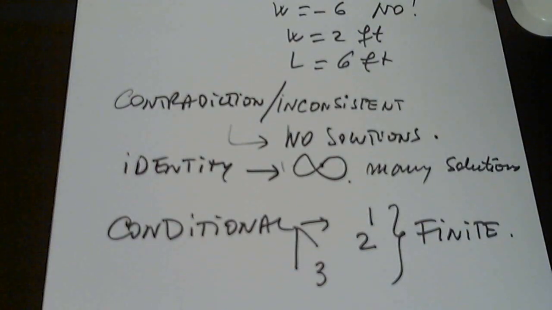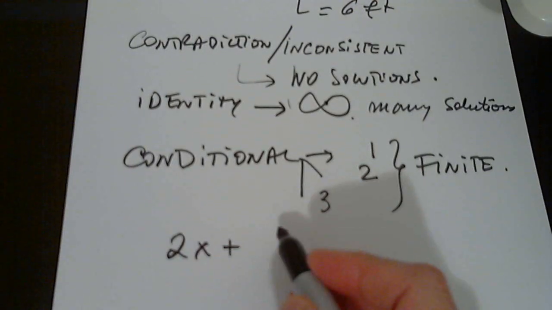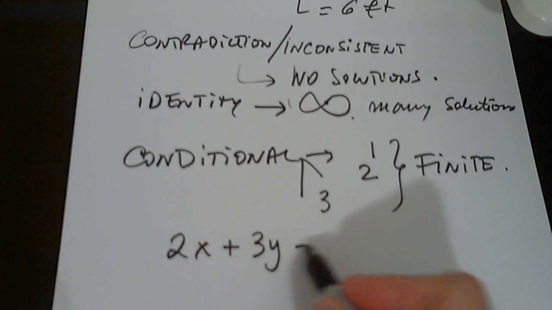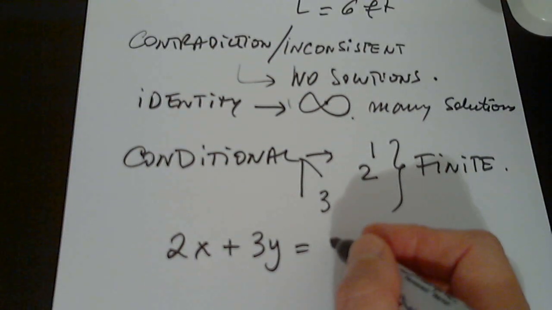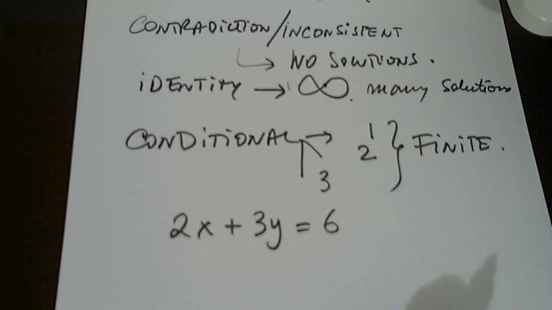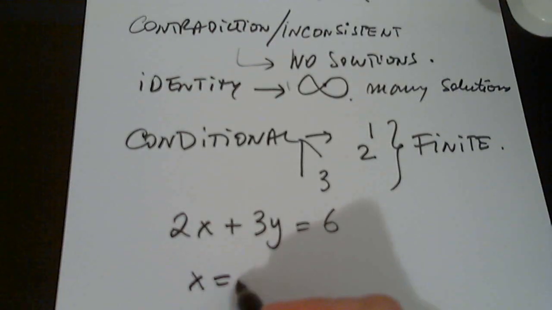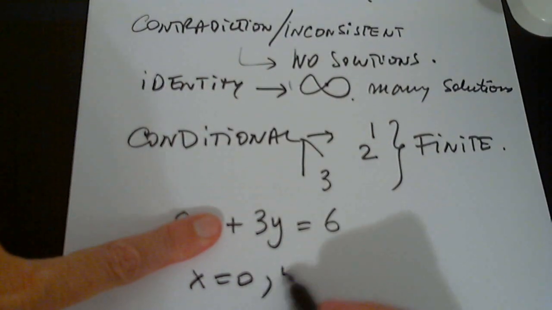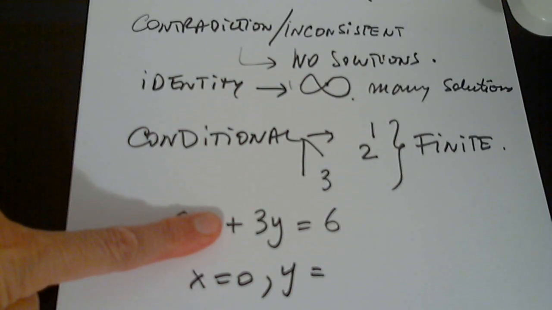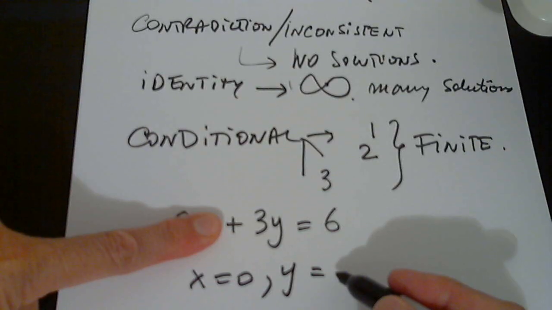So here's a very simple example. Let's say 2x plus 3y equals 6. When x is 0, how much is y? Perfect.